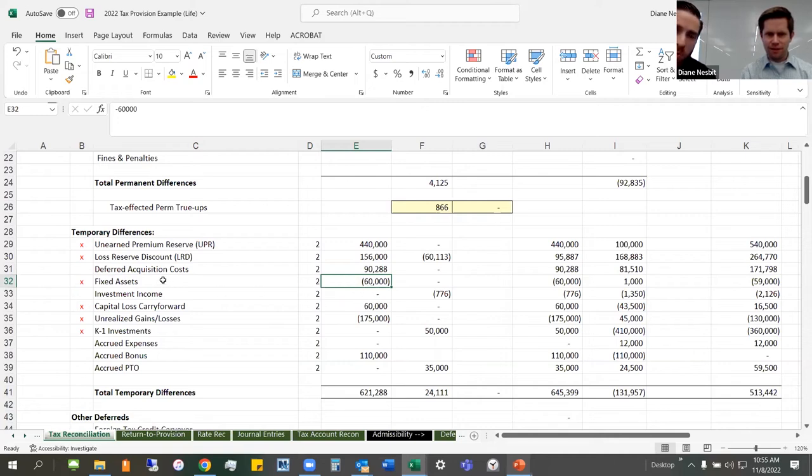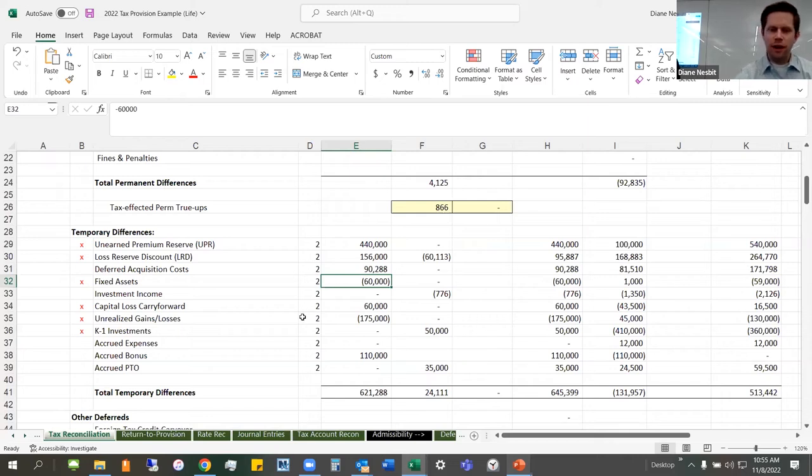For book purposes, and I'll say that encompasses GAAP and statutory, we took $15,000 of depreciation, so there's still $60,000 of book basis in the assets. That's why our starting point is a $60,000 difference in my asset. That's going to reverse over time. Hopefully it will make more sense as we go through a current year.